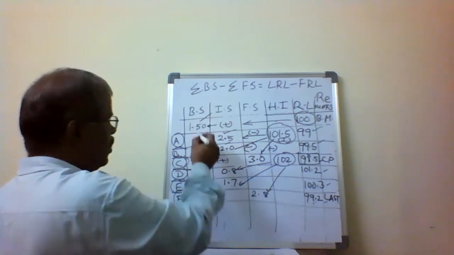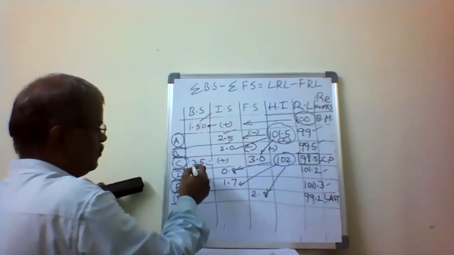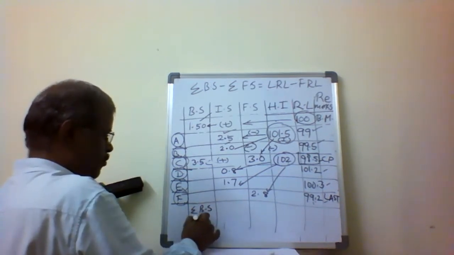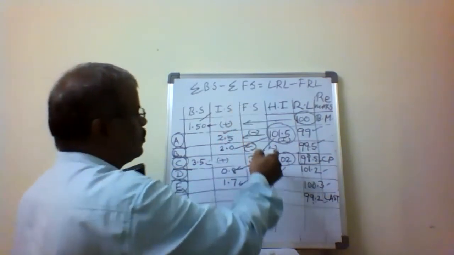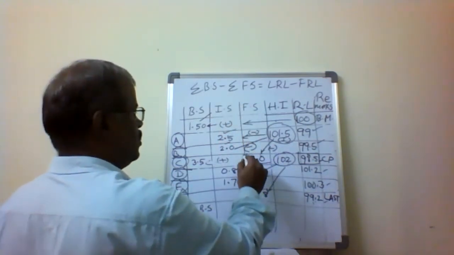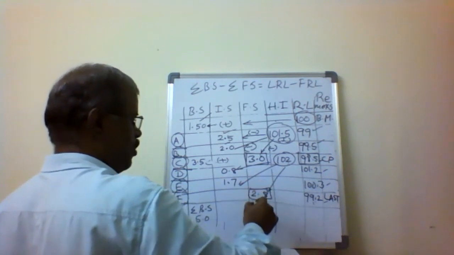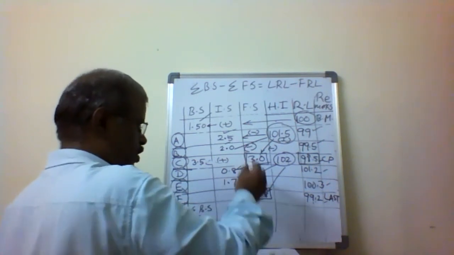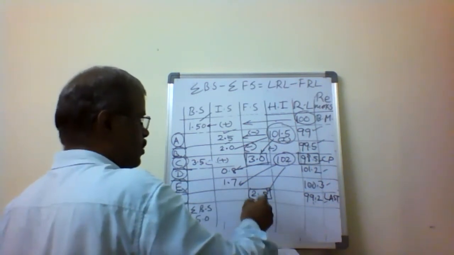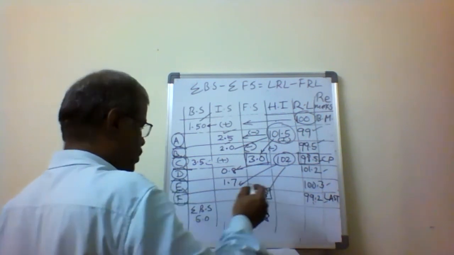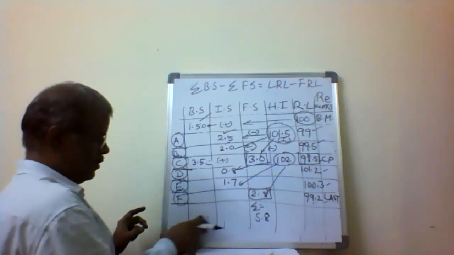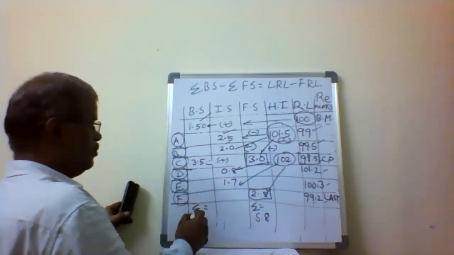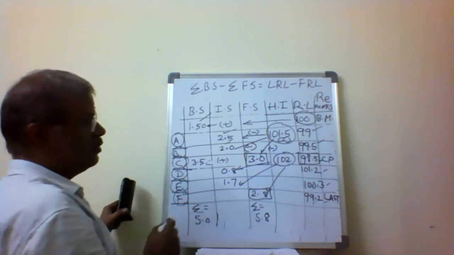Now I do the sum: 1.5 plus 3.5, so sigma BS is 5. And what are the foresights? This is 3 and this is 2, so 3 plus 2 is 5.8. Sigma of the foresights is 5.8.